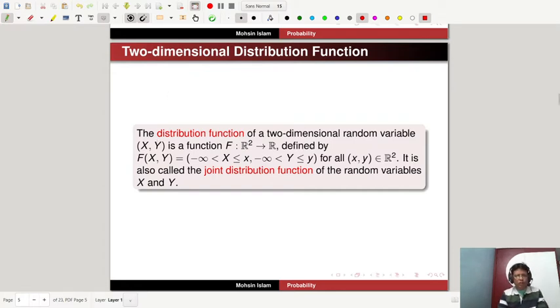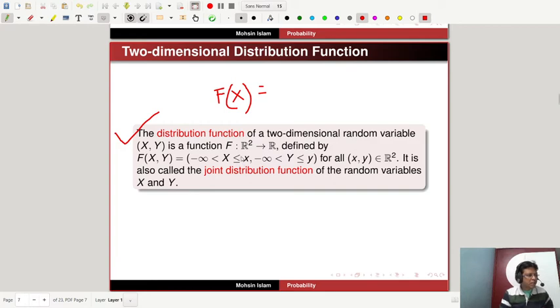The distribution function of a two-dimensional random variable (x, y) is a function F from R2 to R defined by F(x, y) = P(-infinity < x <= x, ...), just like your one-variable case. You know the definition of the distribution function of a real variable x can be written as the probability of -infinity < X <= x.